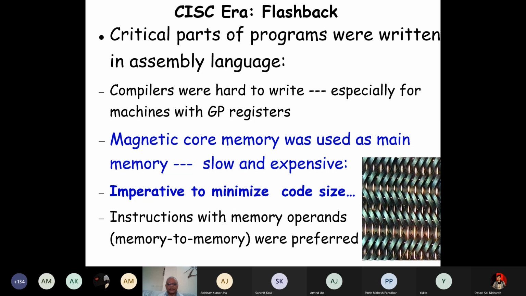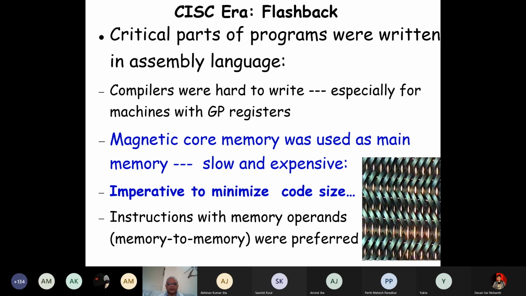They generated very inefficient code, and also they could not handle many registers, because to be able to write code, you have to know which register contains what data and so on. When the number of registers becomes large, it is very difficult to manage them.